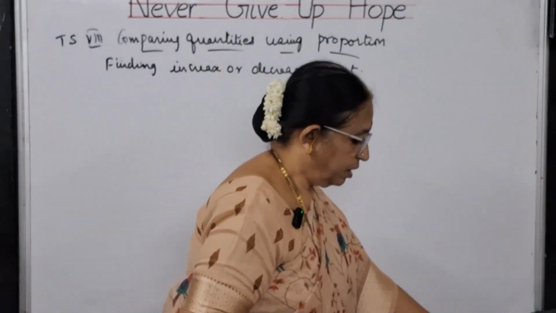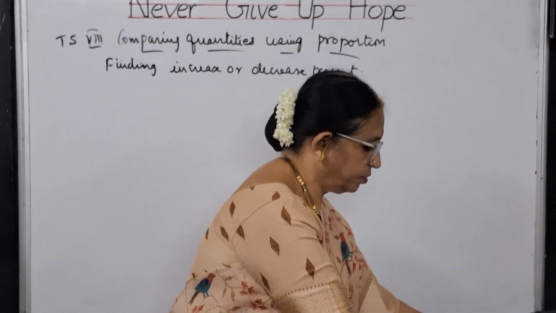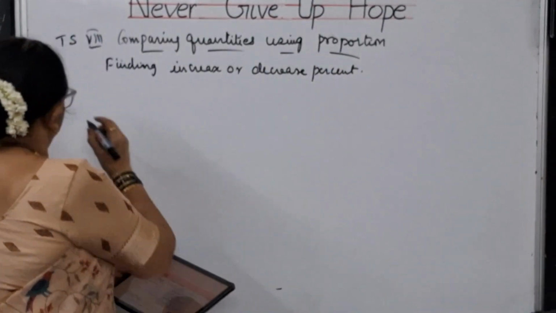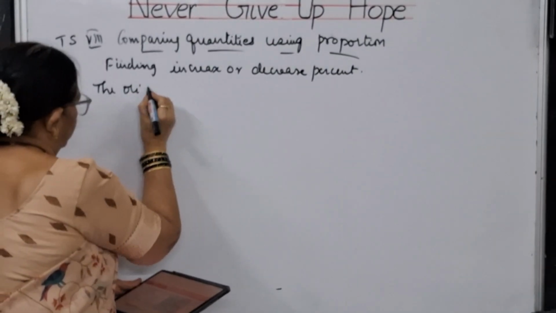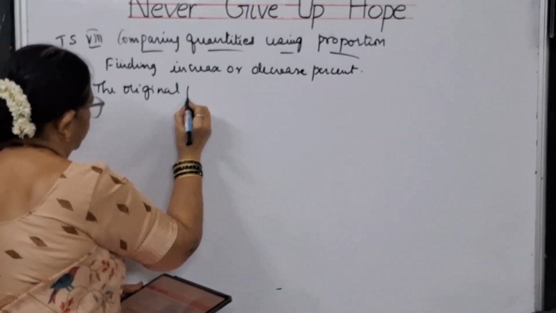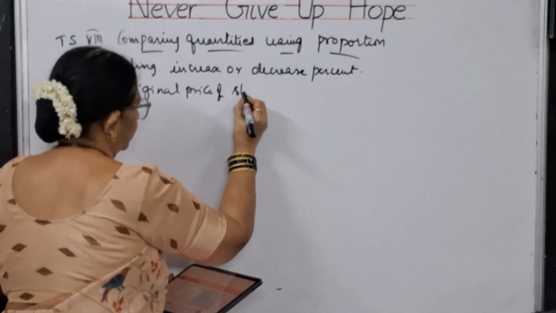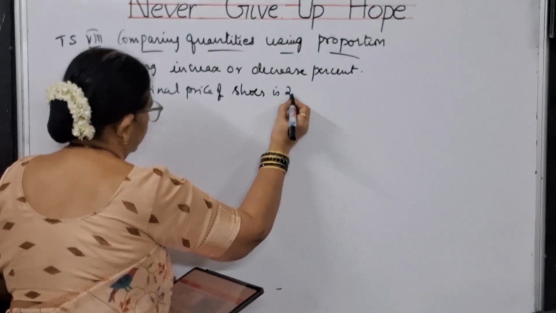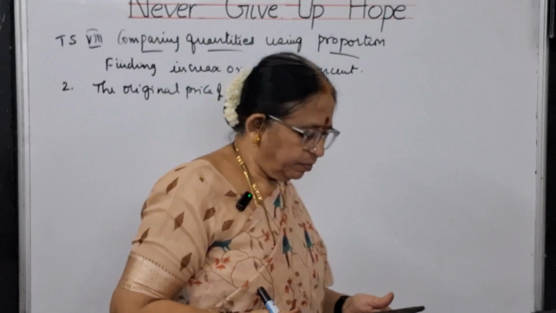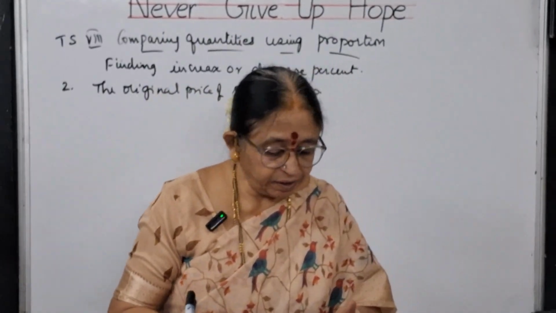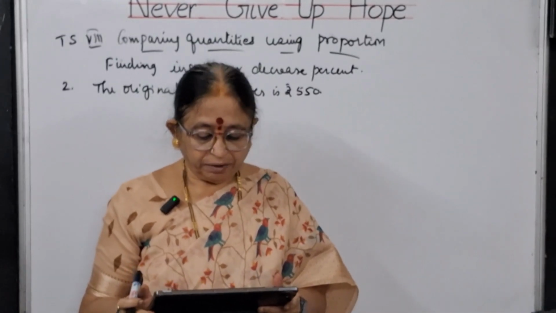Now the second one is: the original price of shoes is rupees 550.